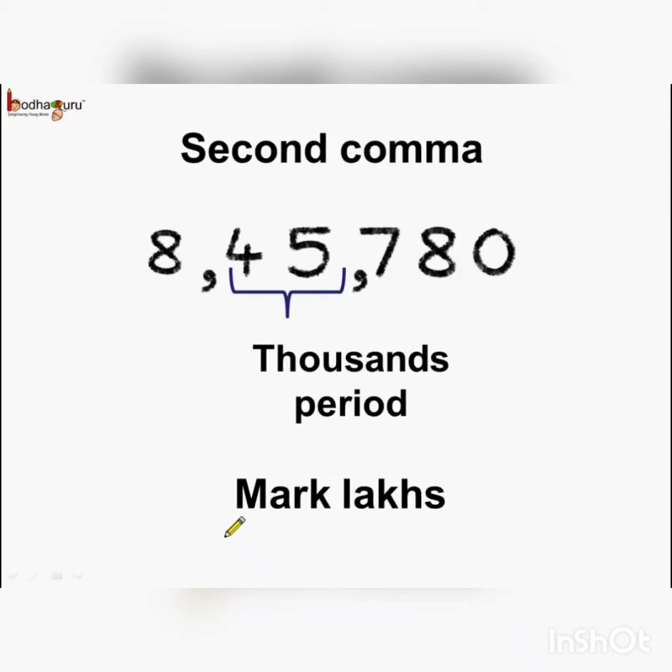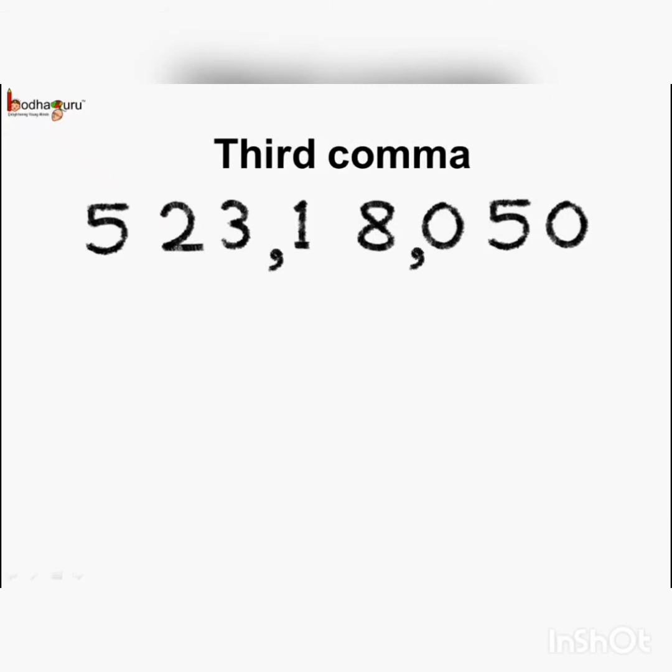Now, if we talk about the third comma, here we already have the first comma which is after the units period. Then we have the second comma which is after the thousands period. And then we have the lakhs period.